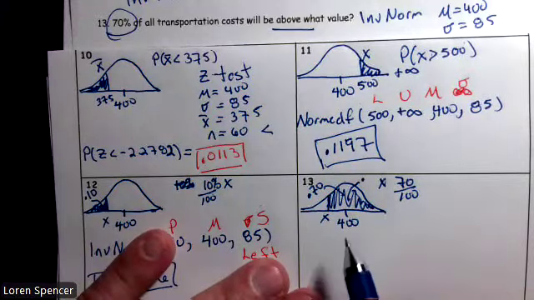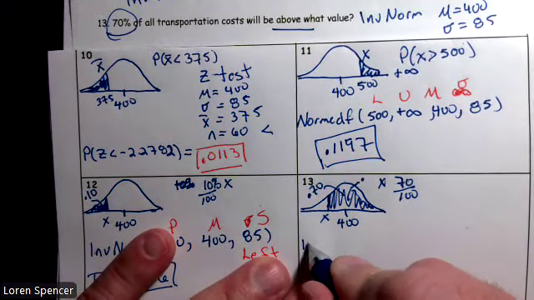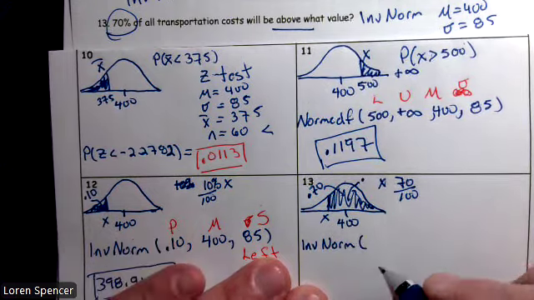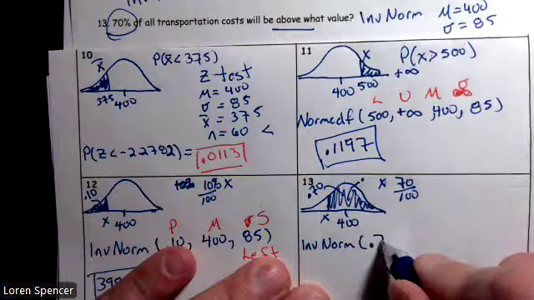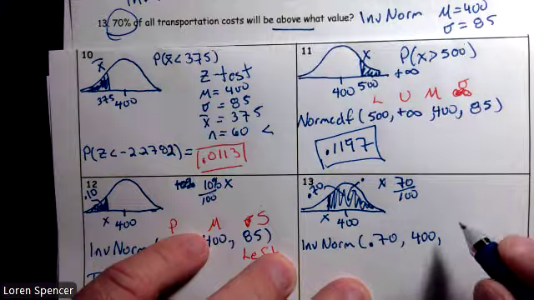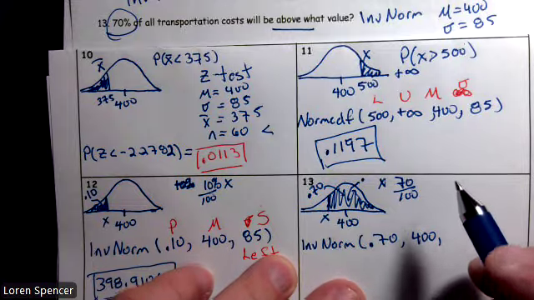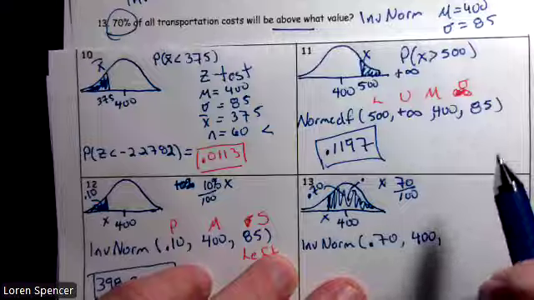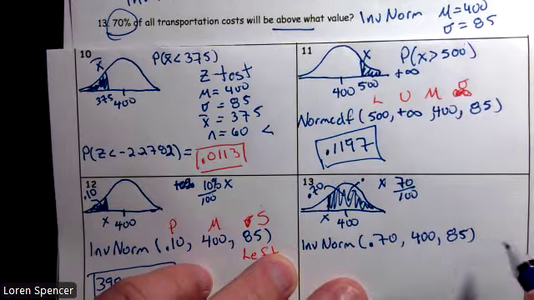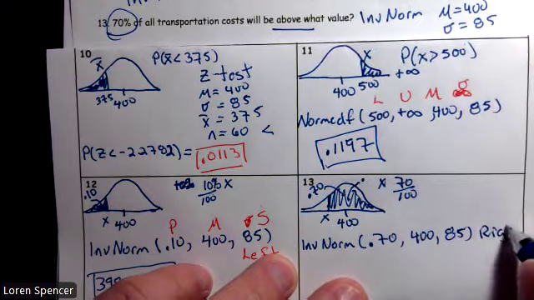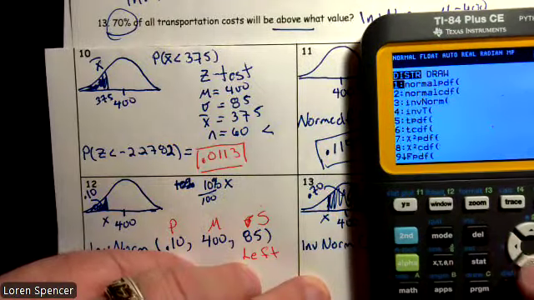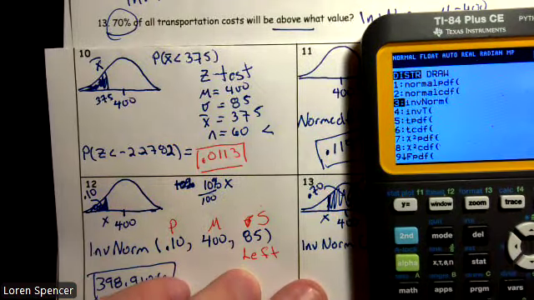So when I plug in, we know it's an inverse norm. It's going to ask us for our area, which is 0.70, the mean of 400, and the standard deviation will be the 85 that we already have. And if you look, we shaded from the right. Second vars, inverse norm.